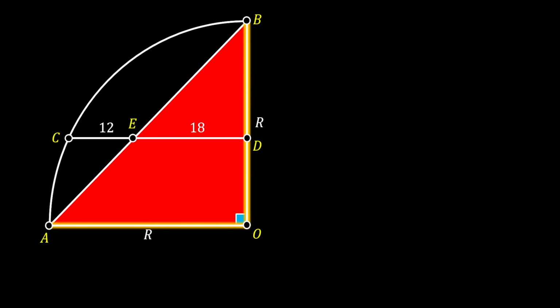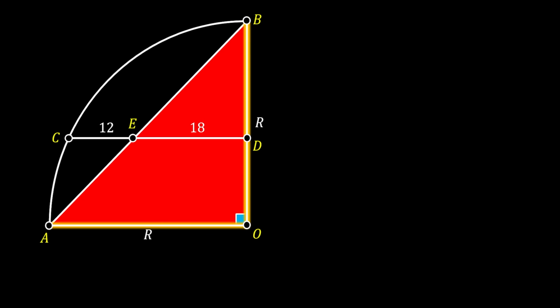Now, let's take a look at the radius of our quarter circle and let's label it as R. We can notice that the line OB is also equal to the radius, so we can label it as R as well. Now, since the angle at the point O is a 90-degree angle, we can conclude that our triangle AOB is actually an isosceles right triangle.